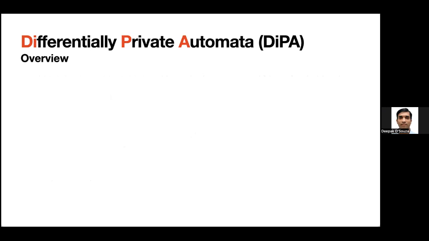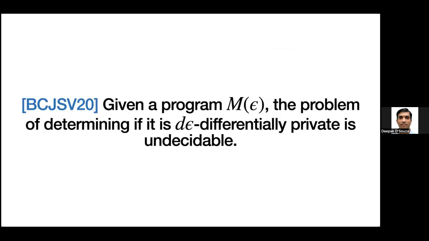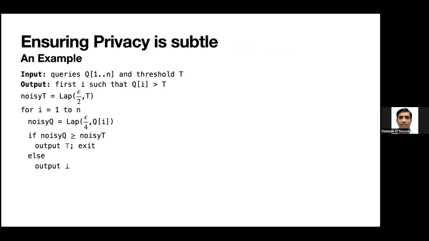So let me tell you what this... Mahesh, can I ask a question? Yes, go ahead. Just to understand the definition a little better, in that example of the stream that you have, you want to output the position of the place when it goes over the threshold. So I guess the query there is what?